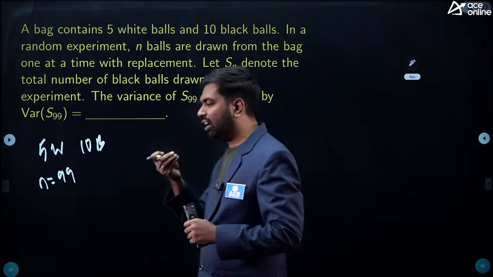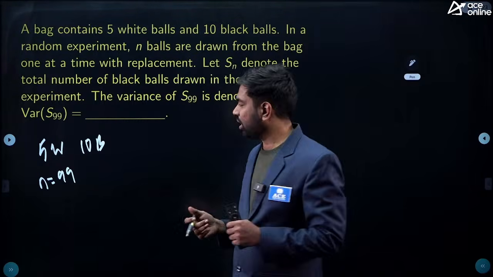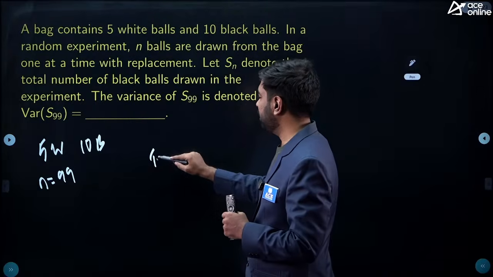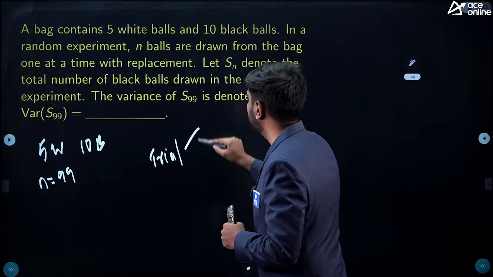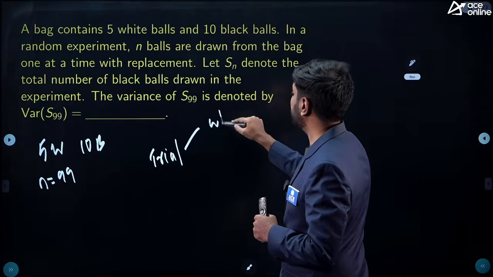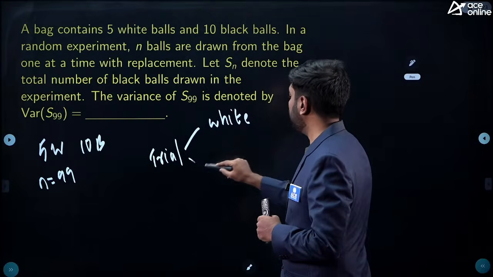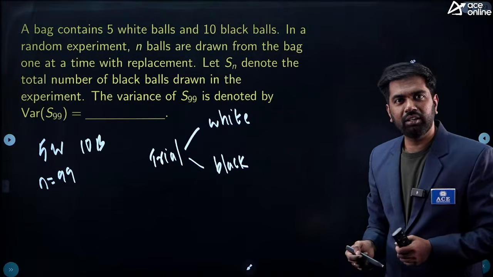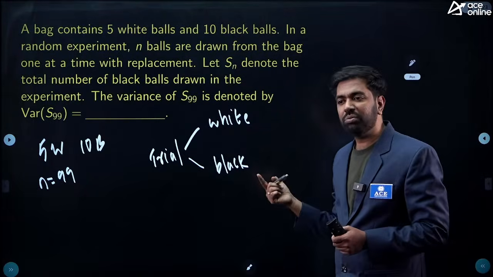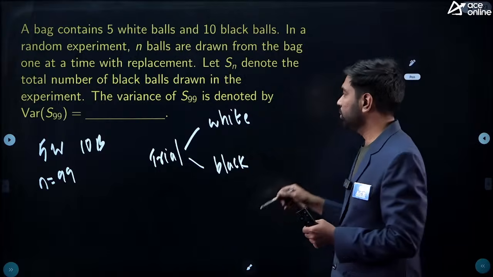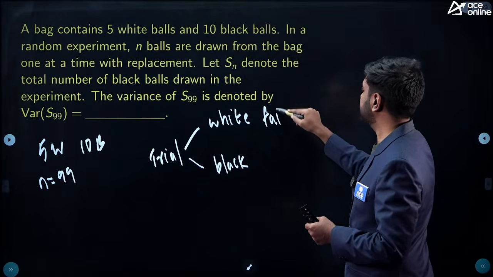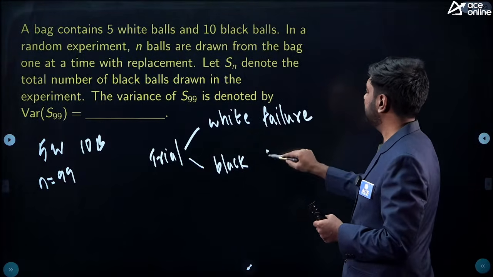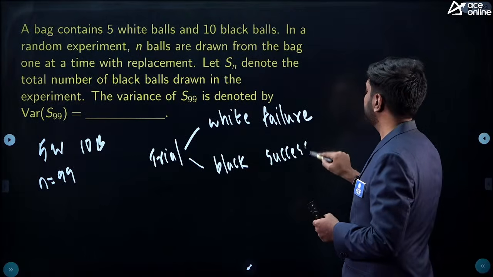Whenever I perform this trial of picking an object, it is either white or black, and it is repeated 99 times. So something like this is a failure and this is like a success.